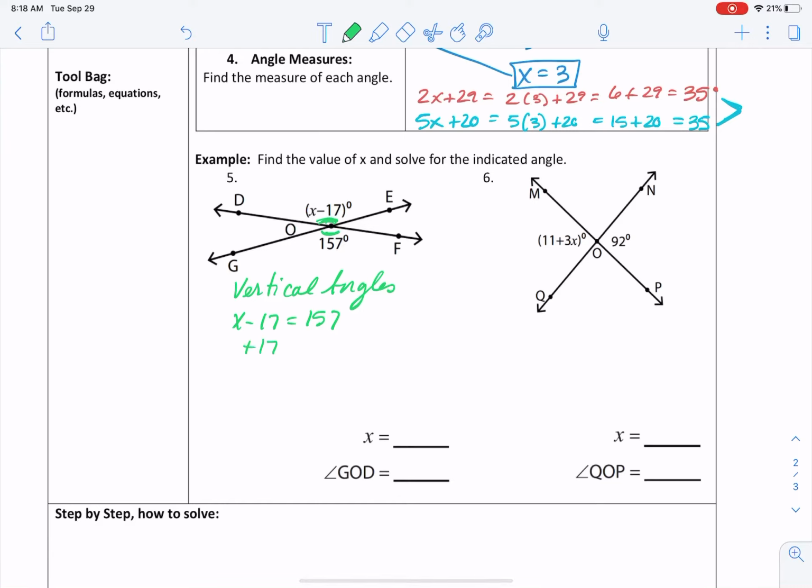So we add 17 to both sides. X equals 174. So there's my x value. So x is 174. But now I have to find angle GOD.